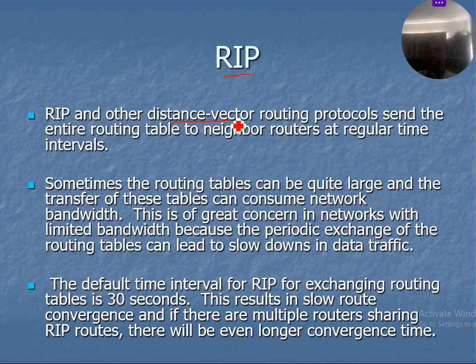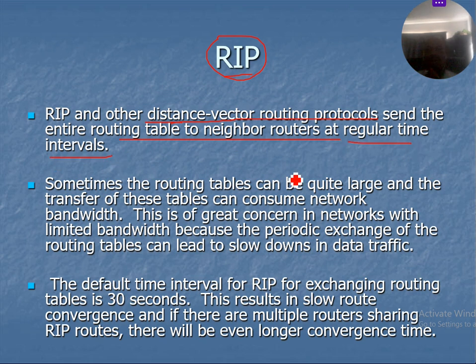The same procedure is applied to RIPv2 and any other distance vector routing protocol. A very good example of a distance vector routing protocol is RIP. In this type of protocol, a router sends its entire routing table to its neighbor router at every regular time interval, let's say every 30 seconds.